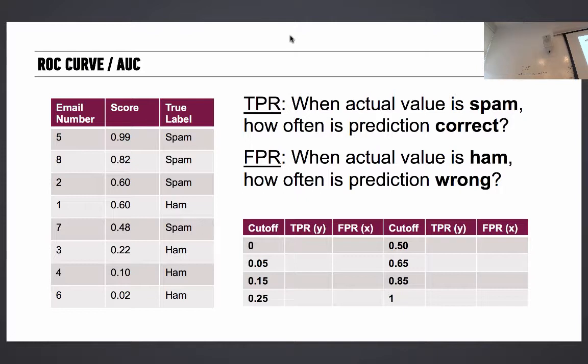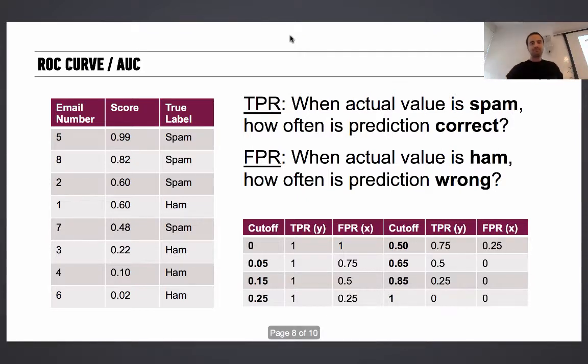If you're 84% sure it's spam, don't call it spam. Call it ham. That's not sure enough. So this is us defining how sure you want it to be. If your cutoff was 50%, let's say you had a true positive rate of 75% and a false positive rate of 25%.